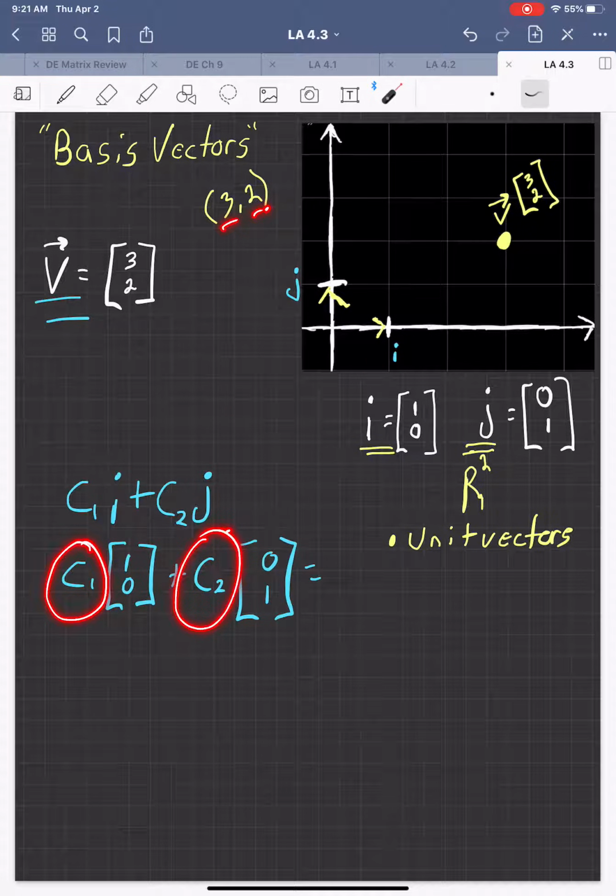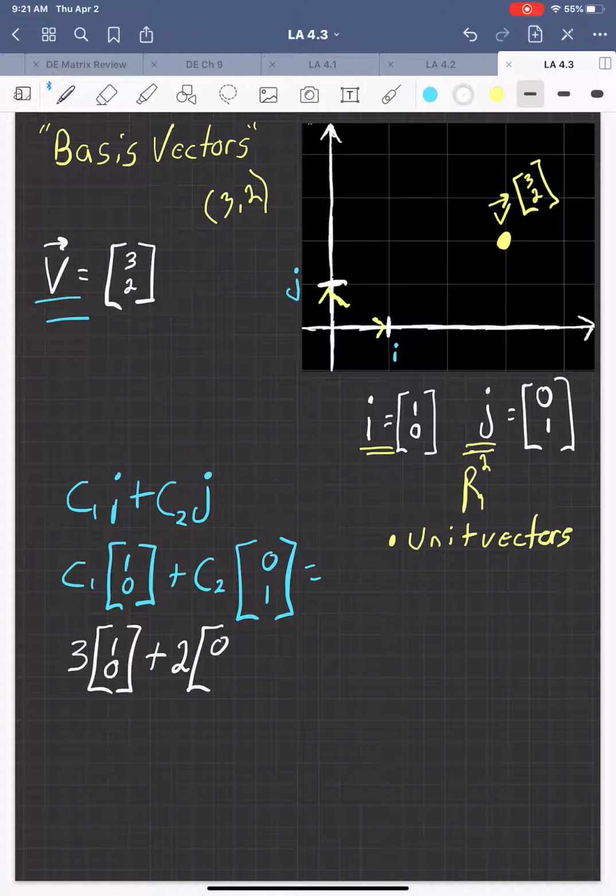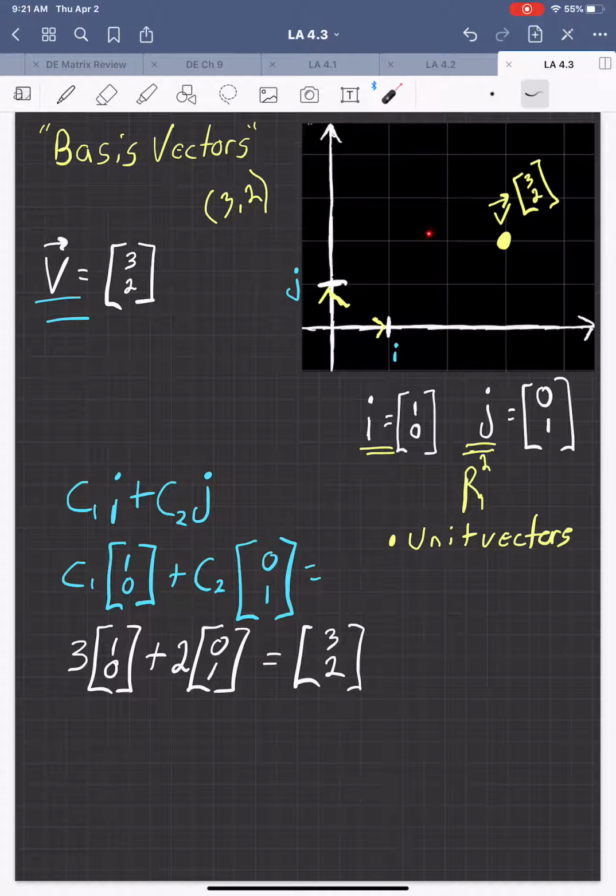So the point 3, 2 really means you have a weight of 3 attached to your I vector and a weight of 2 attached to your j vector. And from the choice of those two weights, you can get to the vector 3, 2. It goes without saying that I can get to any point in R2 just by choosing different weights attached to I and j.